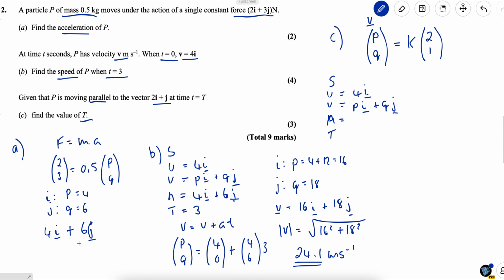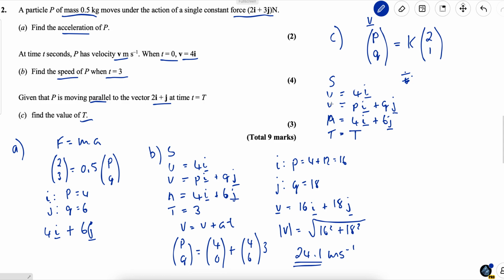Acceleration I found over here in part A, so that's 4i plus 6j. And time, we don't know, that's t. So I'm going to, again, equate coefficients of i and j. Before I do that, I need to make the equations.